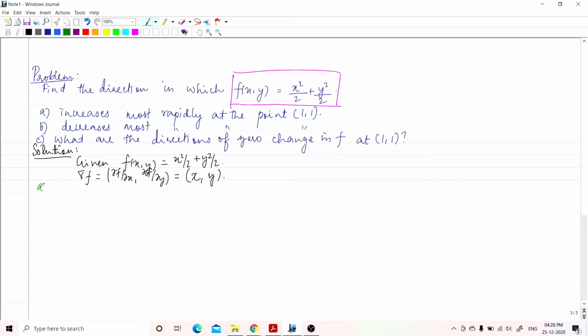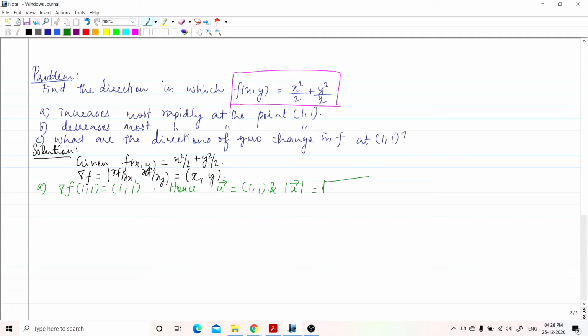For part A, you will have to identify del f evaluated at the point 1 comma 1. You will have to substitute x is equal to 1 and y is equal to 1. So your vector is going to be 1 comma 1. So your u vector is 1 comma 1. Now you will have to check the absolute value of the u vector.